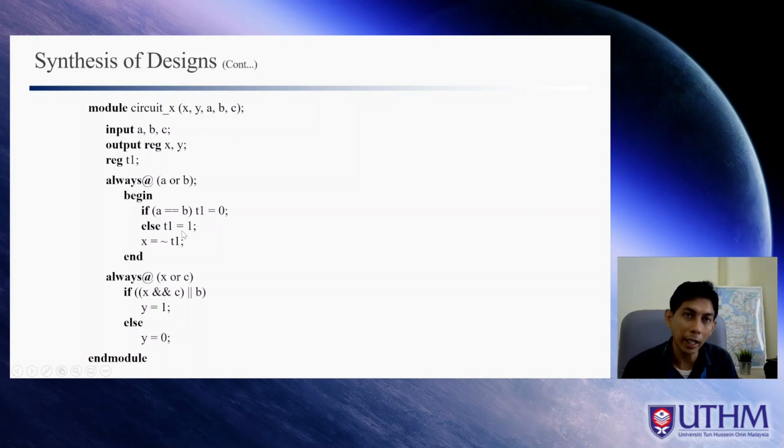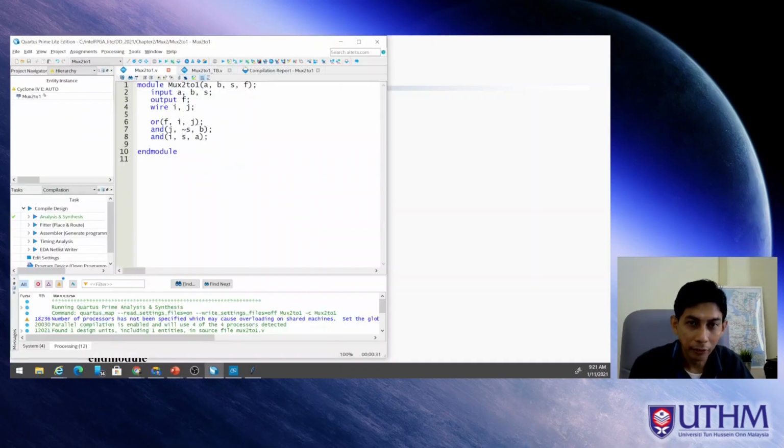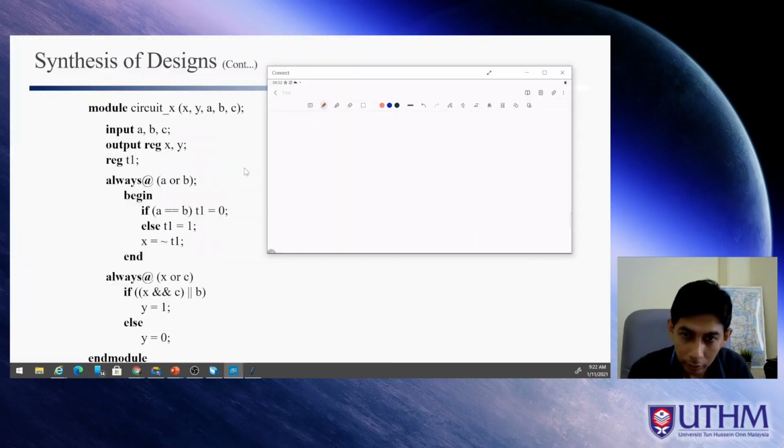When we look at this, we don't know yet what gate this code will synthesize to. So it's not that easy. From that, we need to extract the information from here.